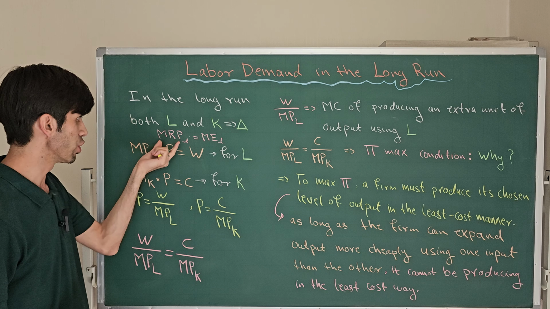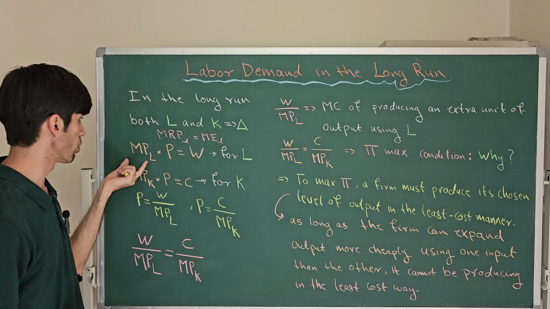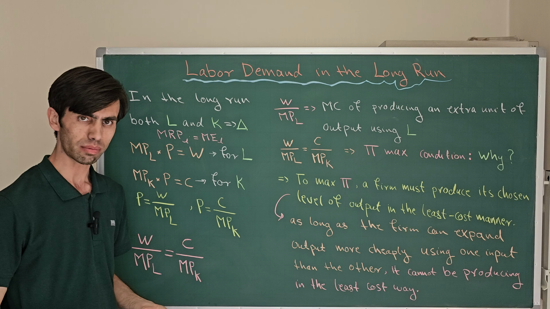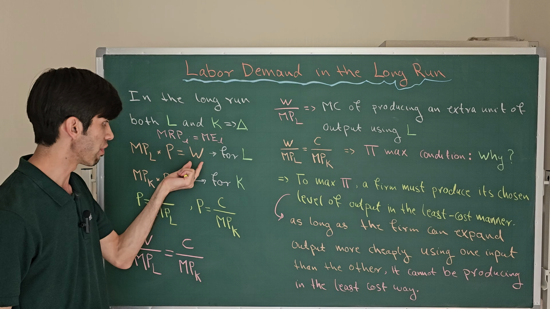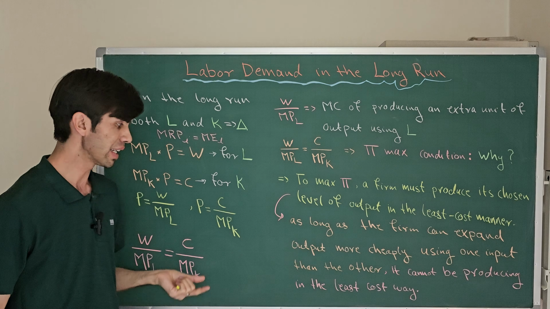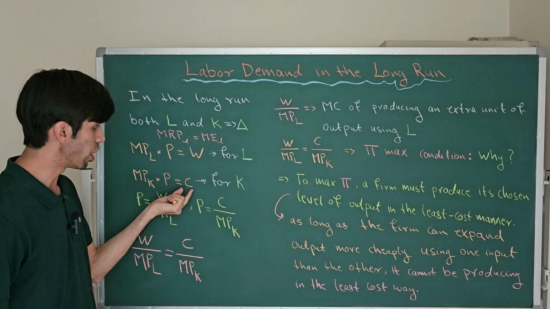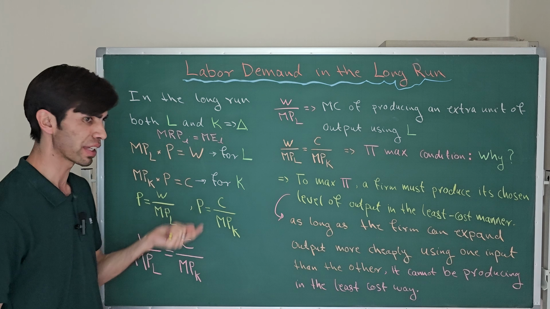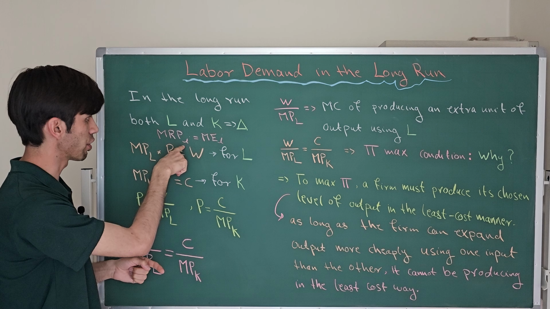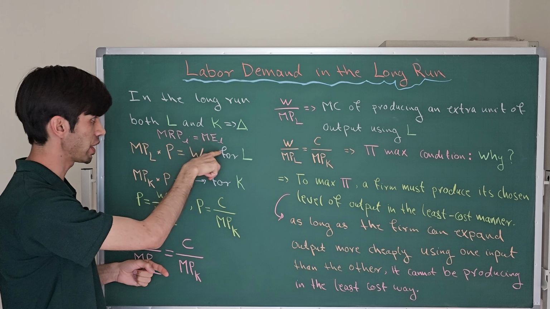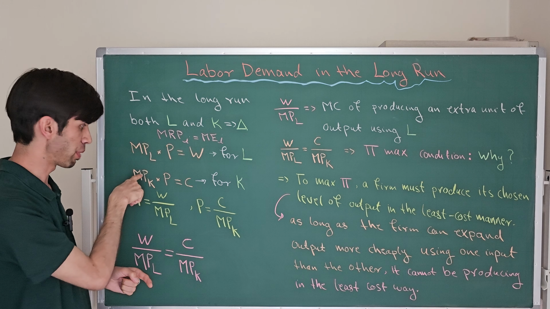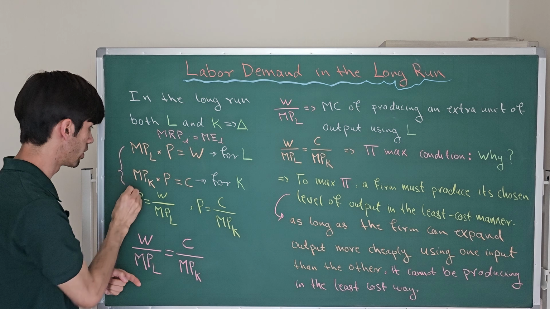And marginal revenue product of input is equal to marginal product of input multiplied by price. And in the case of labor, marginal expense is equal to the wage rate. And in the case of capital, marginal expense is the cost of capital. So this formula, marginal revenue product of input equal to marginal expense of input, can be further explained by these two equations.